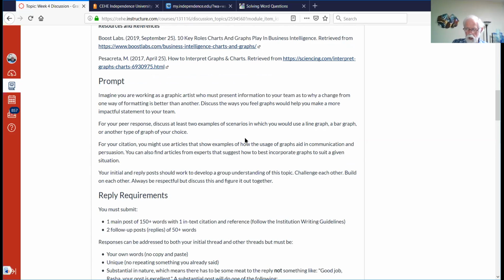Then you have to think about what is the best way to make the visual image impactful. These days, we have so much more available to us than we did when I started working many years ago.